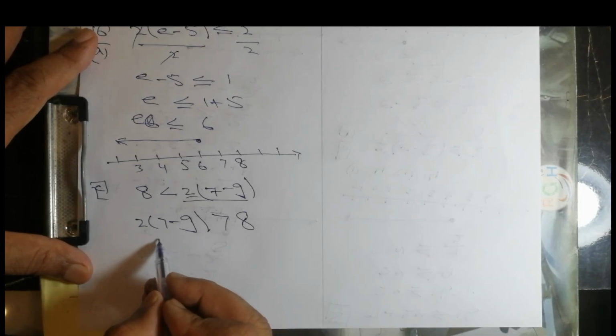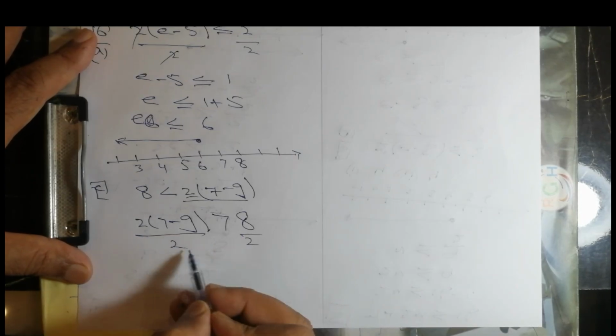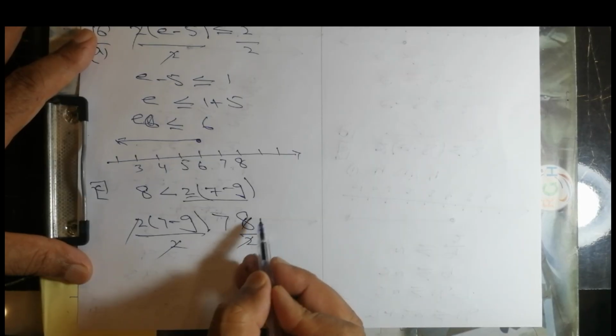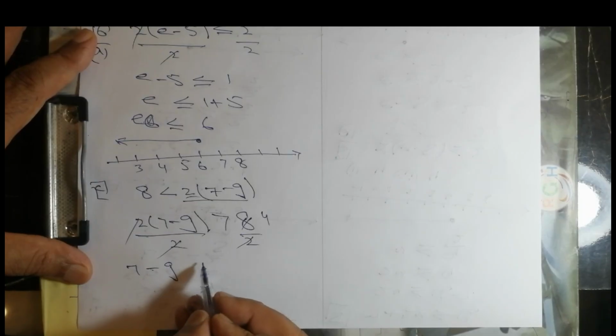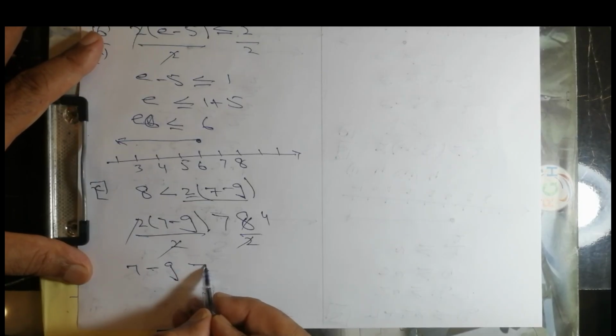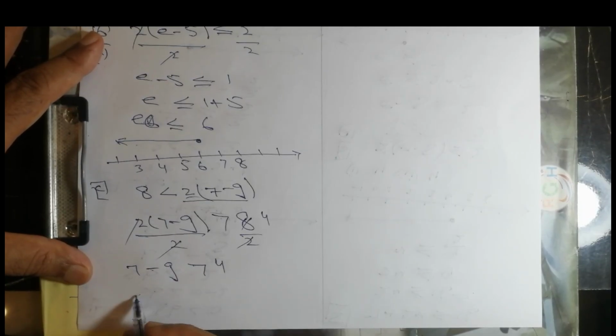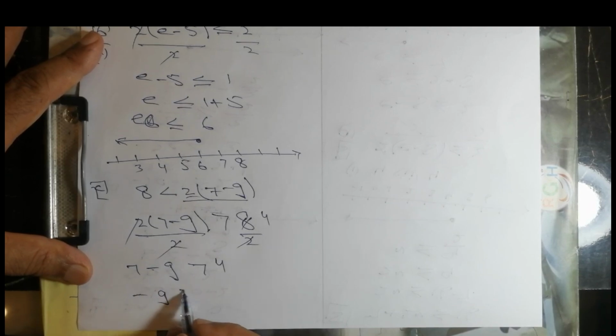So dividing both sides by 2, the 2 cancels with this one, 2 fours are 8. 7 minus g is greater than 4, and minus g greater than 4 minus 7, minus g greater than minus 3.